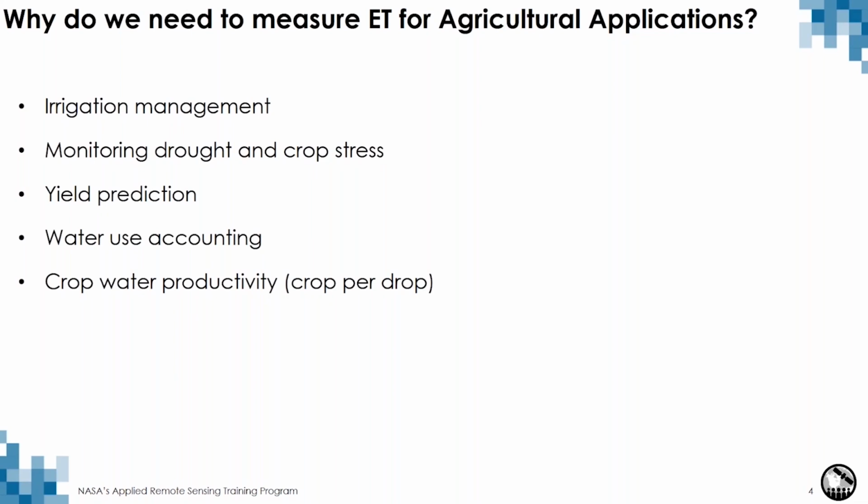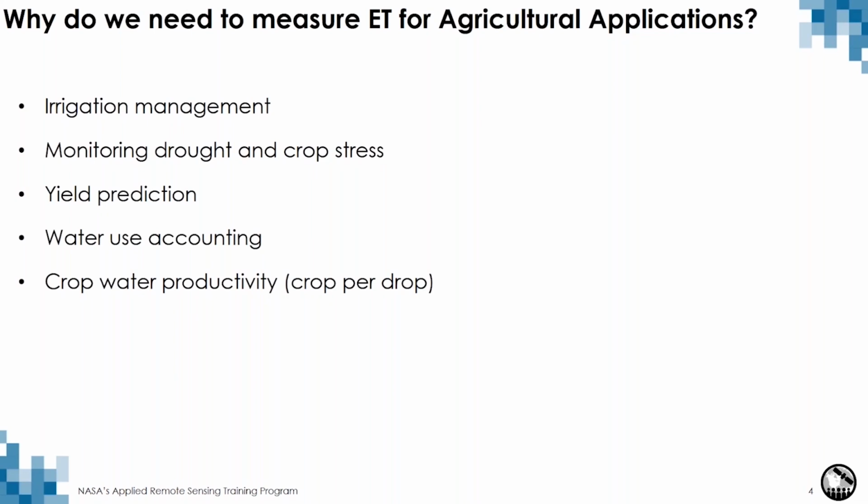So our ability to measure ET helps us predict what end-of-season yields will be. The fourth one, water use accounting. This is an interesting one because, once again, in areas where we may not have plentiful water, yet we need a lot of water for irrigation practices, it's important for us to understand how much water certain crops use.